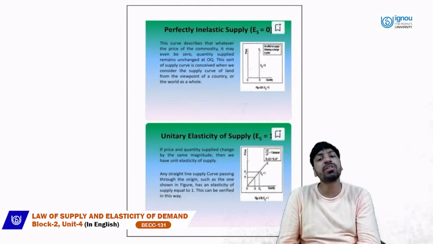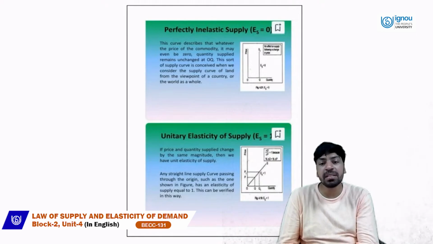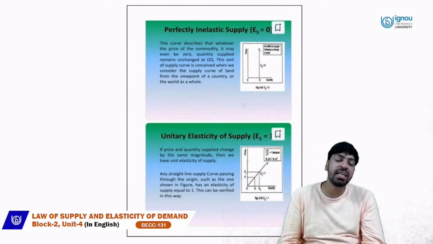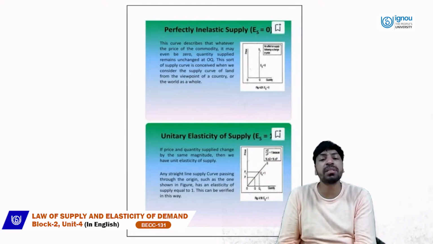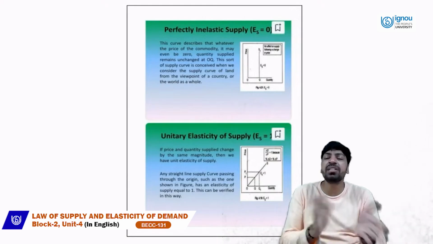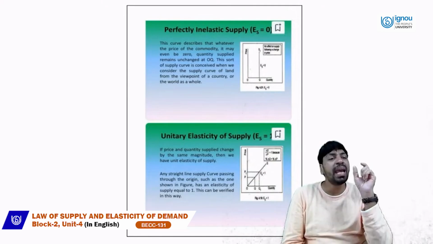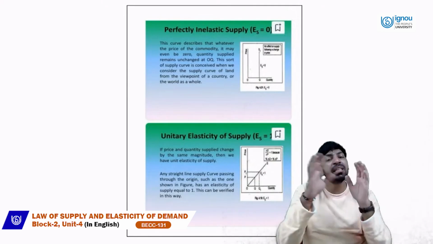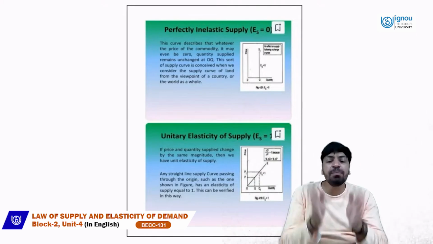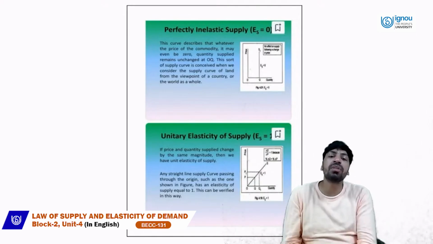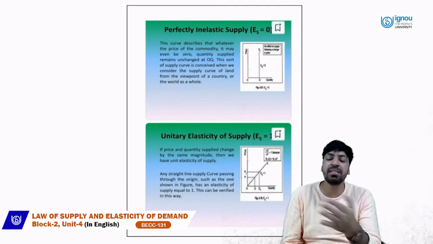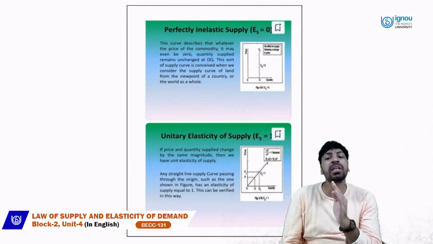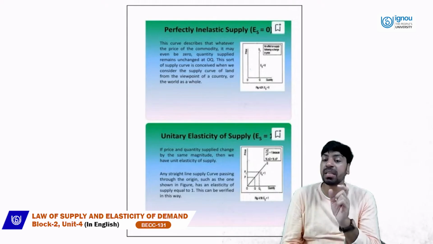When we talk about unitary elasticity of supply, it is equal to 1. If there is a change in the price and the quantity supplied by the same magnitude, that is, any change in the price or the quantity by the same proportion, that's called unitary elasticity of supply. You can see in the diagram that when the price goes up, quantity goes up as well, but in the same proportion.